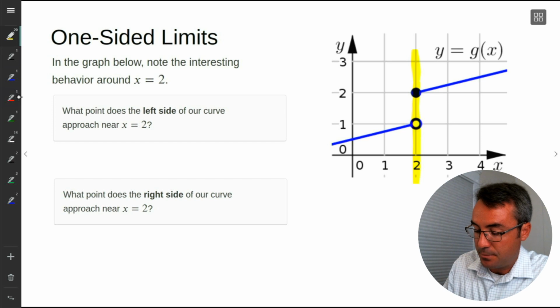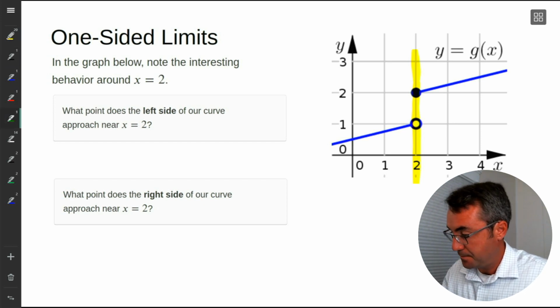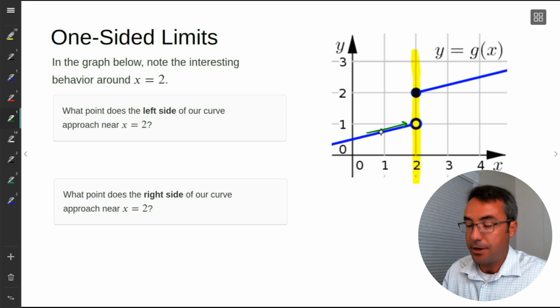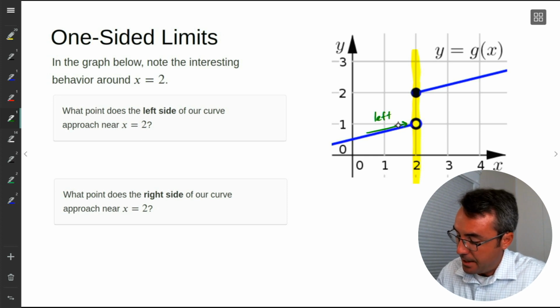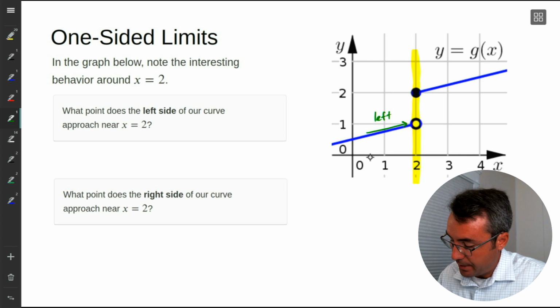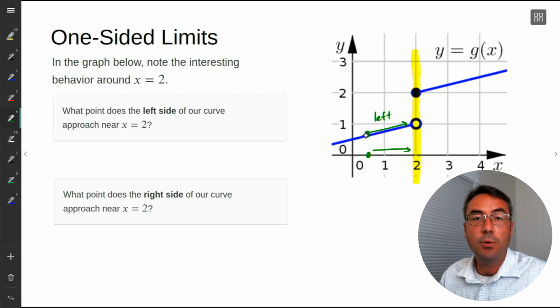That means we're over here on the left side. Let's imagine starting over here on the left and walking along this curve, getting closer and closer to x equals 2. Our inputs start somewhere on the left, and we look at the corresponding point on our curve.